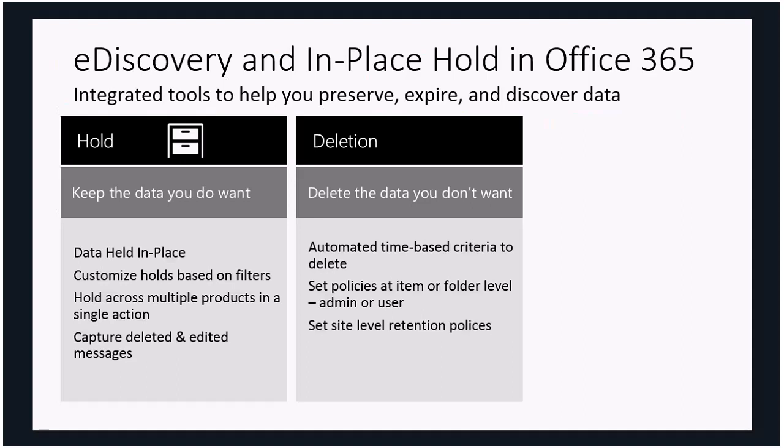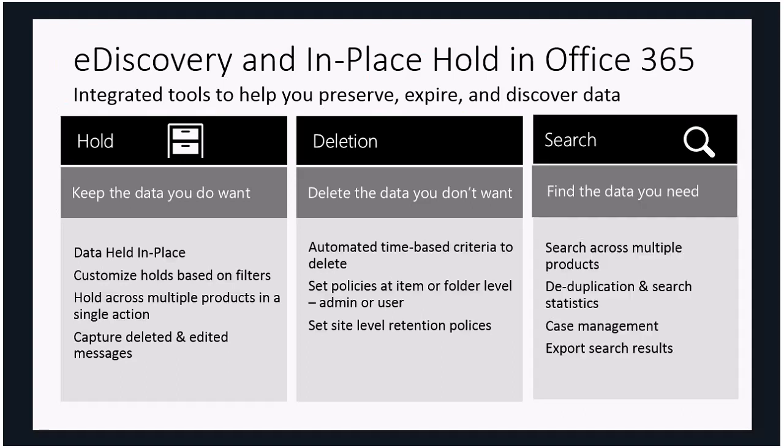The policies can be folder level, user level, and you can determine these at a site level. And of course, as I mentioned, the important thing is the ability to find your data when you need it. All plans include the ability to search across the information, but the advanced plans allow you to not only search, but to put that information on hold so that at any stage you will have the original of that information if required.